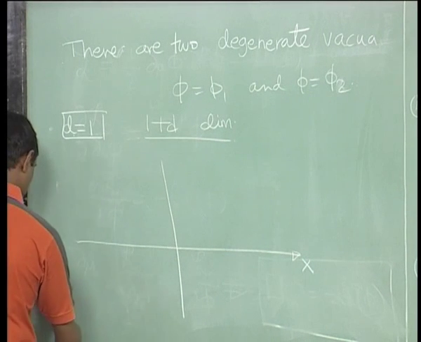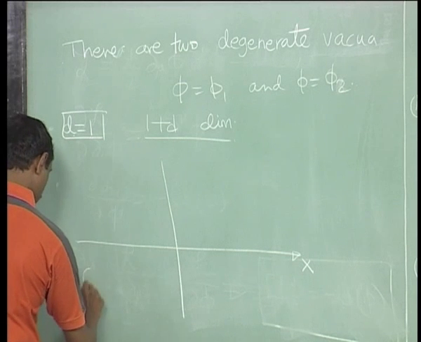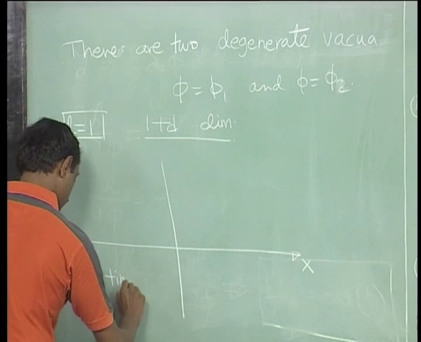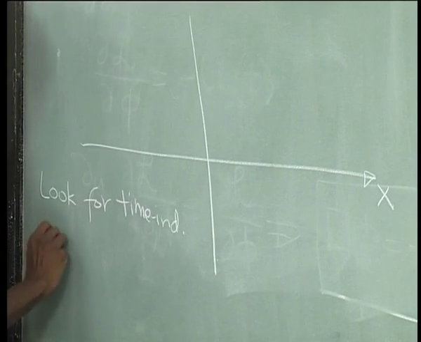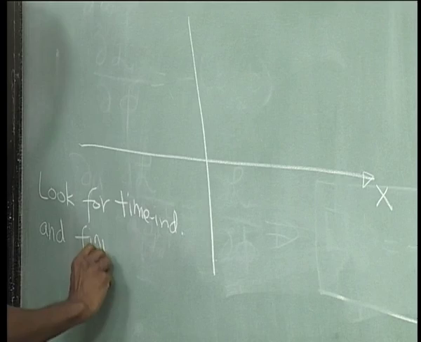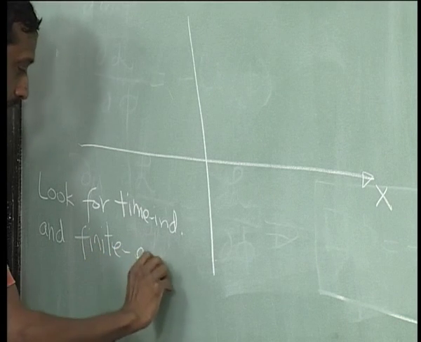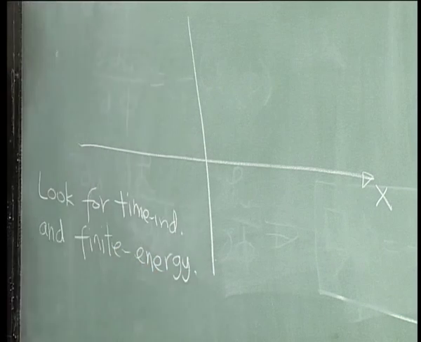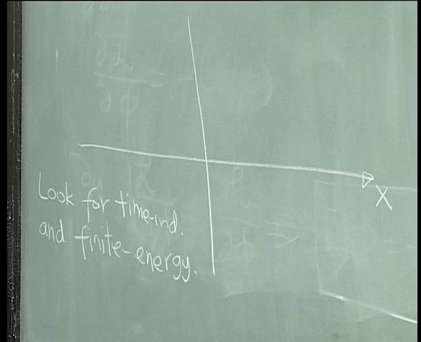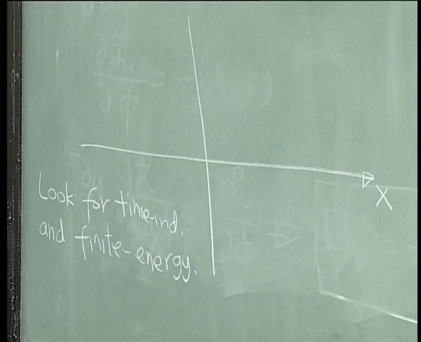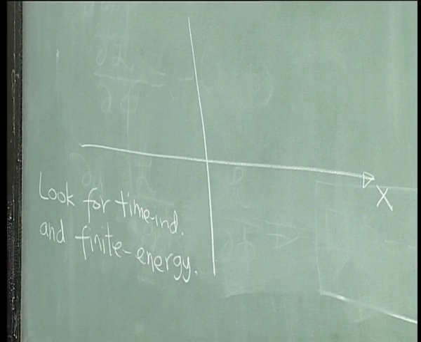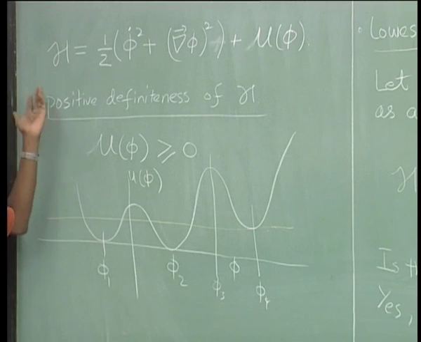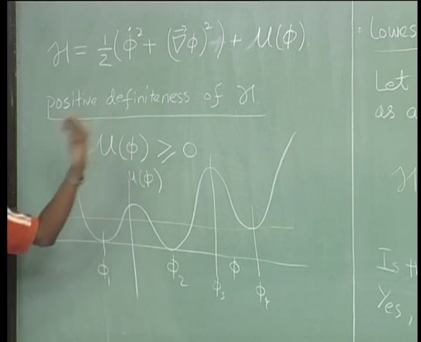So, we look for, and I will put in another condition, and you will see that it is a strong condition, and finite energy. So, remember finite energy is not the same as saying that your Hamiltonian density is finite. We already saw examples, the Hamiltonian density is finite, it does not mean anything.